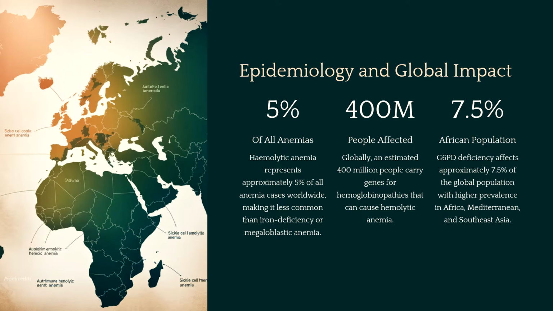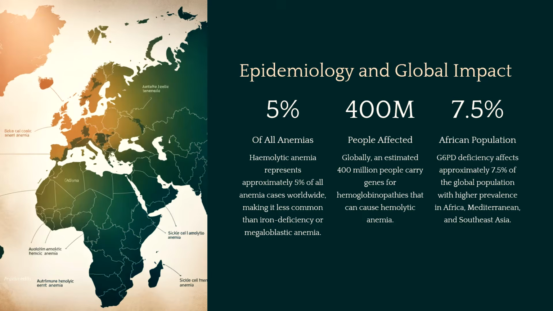So hemolytic anemia also comes under the hemoglobinopathy, meaning a problem connected with the hemoglobin. 7.5% of the African population is affected by this hemolytic anemia. G6PD deficiency. Now, what is the full form of G6PD?